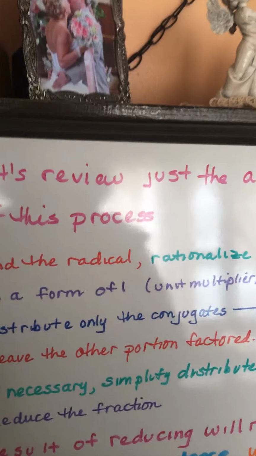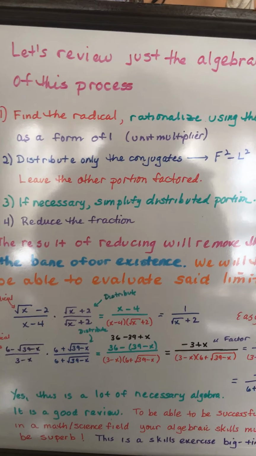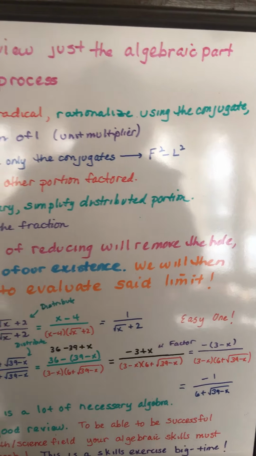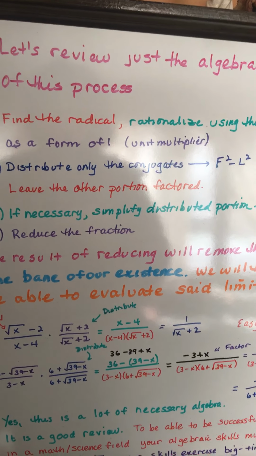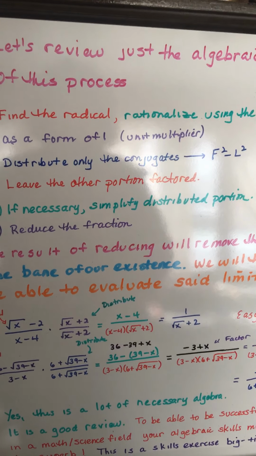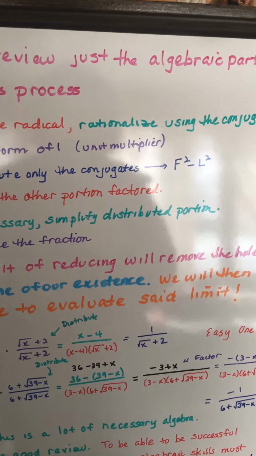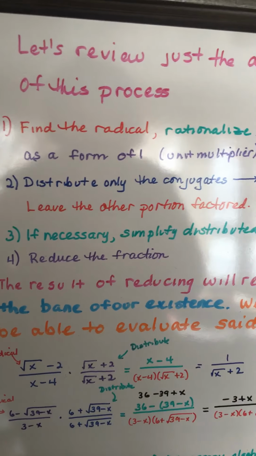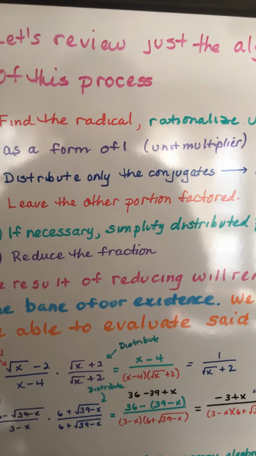So let's review this algebraic process. First, you have to find out where the radical is going to be, and then you're going to rationalize using the conjugate as a form of 1, that is a unit multiplier. You'll distribute the conjugate and always get your f squared minus L squared. You will leave the other portion, whether it's the numerator or denominator, factored.